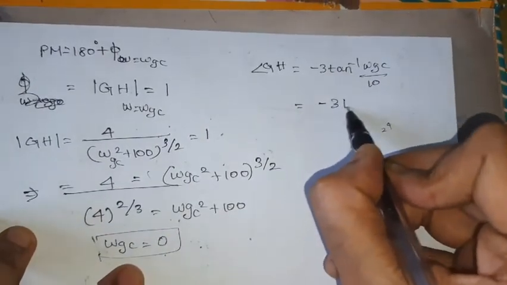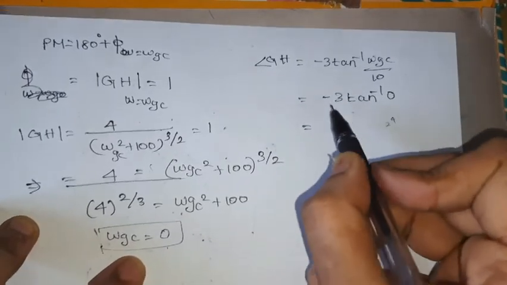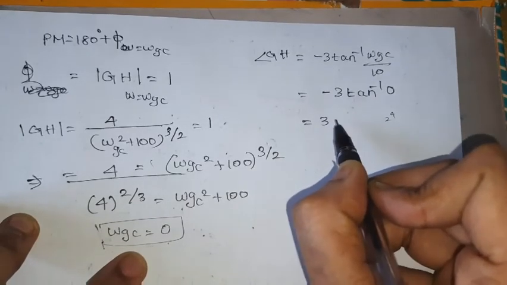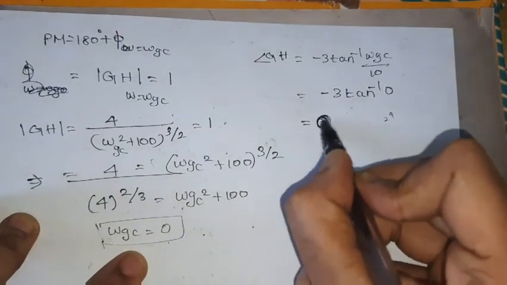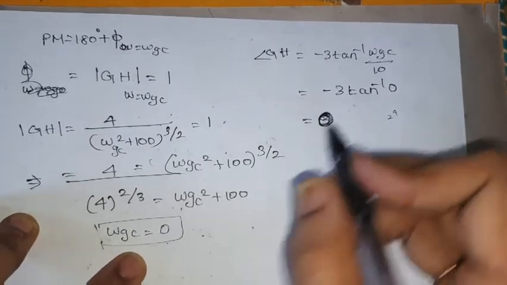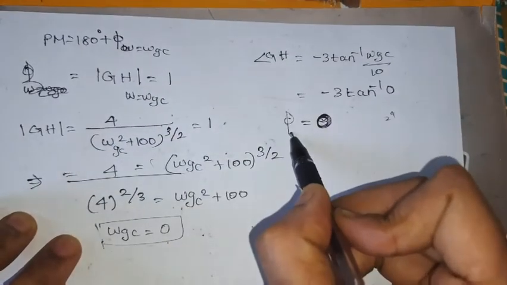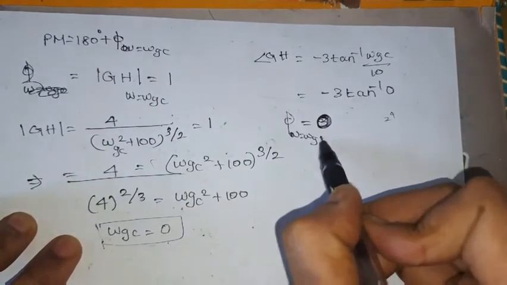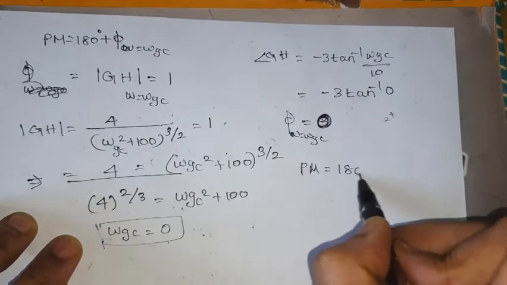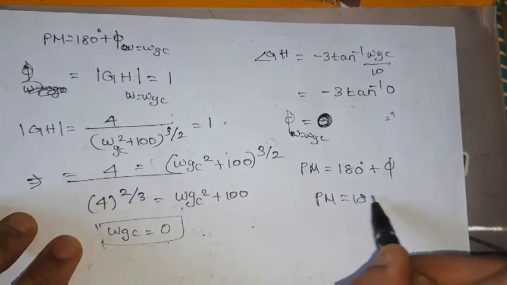We will get minus 3 tan inverse of 0, and tan inverse of 0 is 0. So phi at omega equal to omega GC is 0. The phase margin formula is 180 degrees plus phi, plus 0. We are getting the phase margin value as 180 degrees.